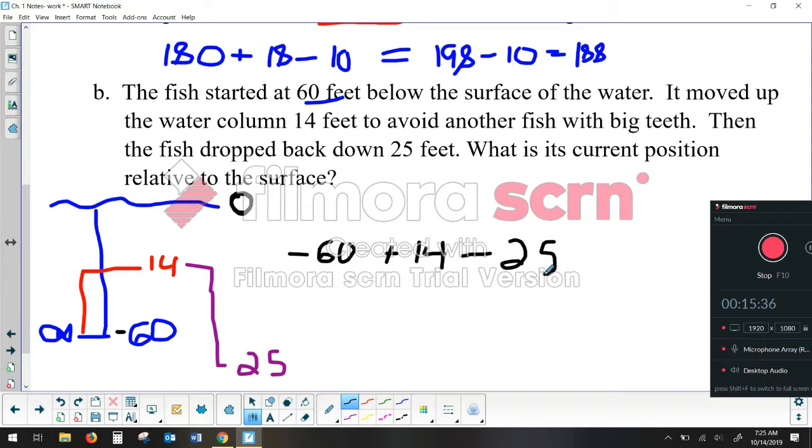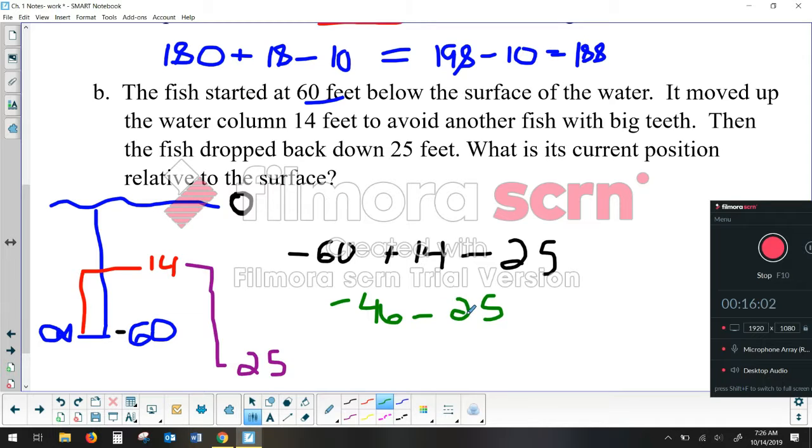So, negative 60 plus 14. So our negative team is winning. By how much? It's winning by 46 points. And you're still subtracting 25.